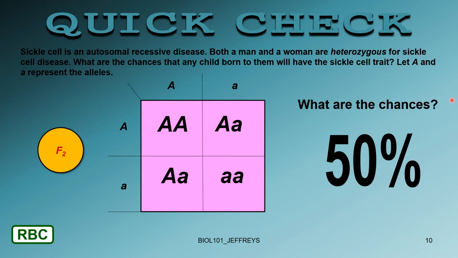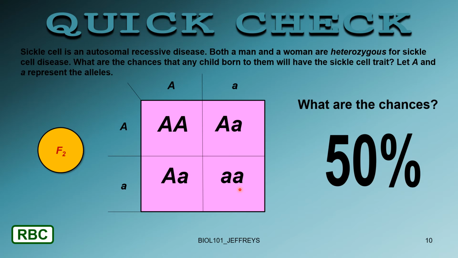Okay, so here's the deal, right? What is the genotype ratio? 1-to-2-to-1. That's 1 homozygous dominant, 2 heterozygous, 1 homozygous recessive. What is the phenotype ratio? That's 3 to 1.